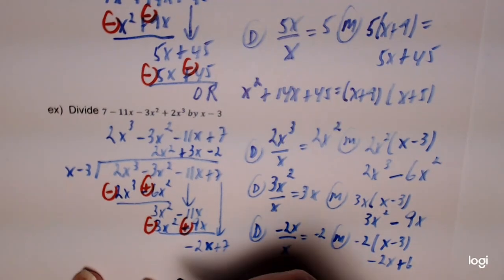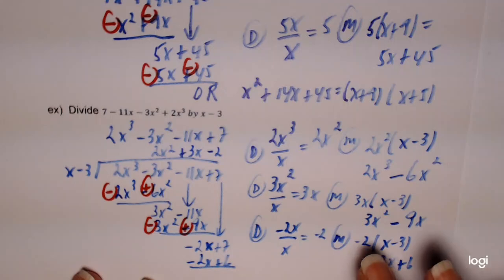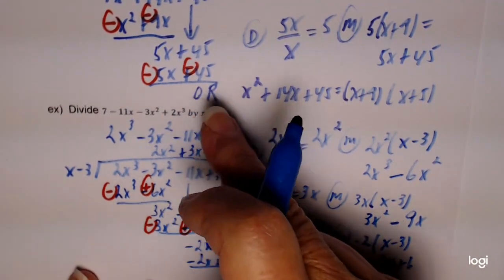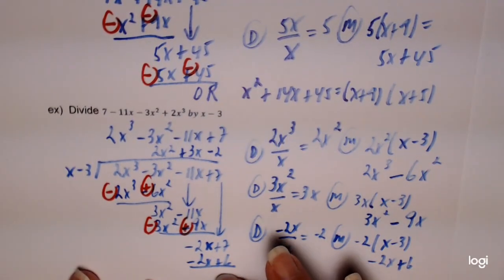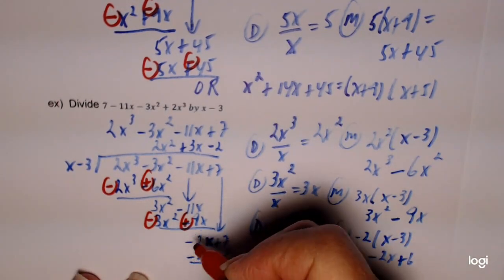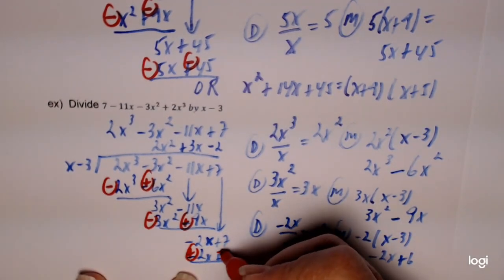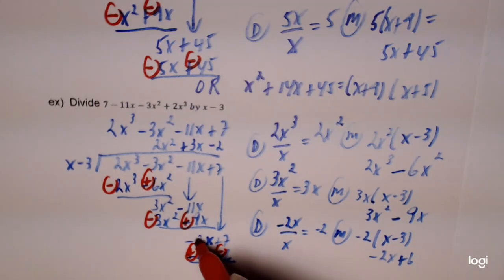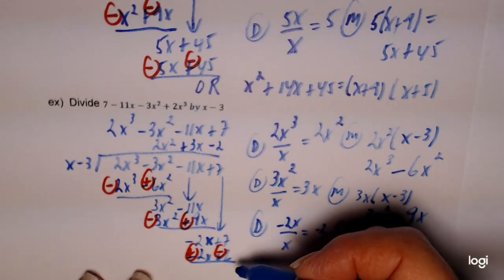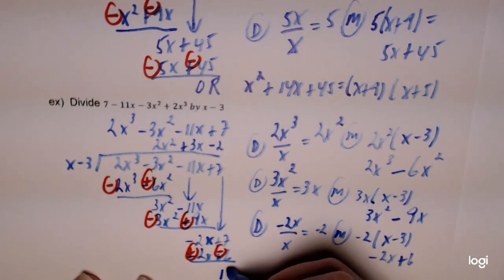And we put that here. Negative 2x plus 6. Now, if you're doing it in your head like this, you won't have this. You'll be writing your information right there. So, subtraction, we flip the signs. This negative becomes positive. This positive becomes negative. Negative 2x plus 2x cancels. 7 minus 6 is 1.